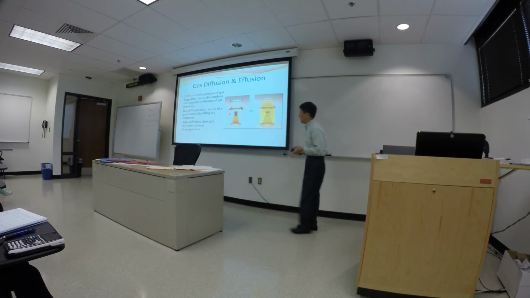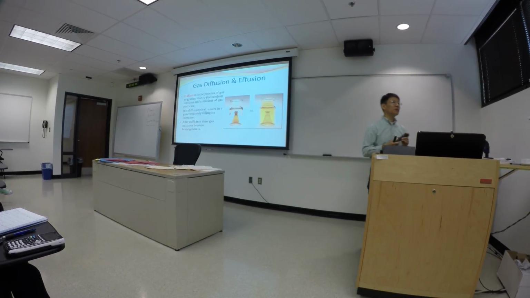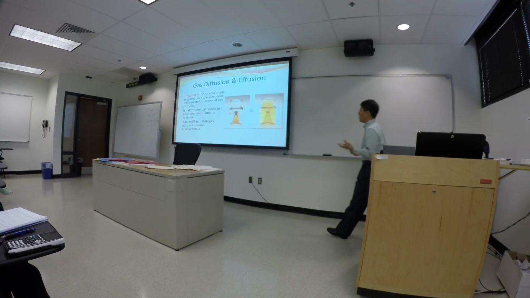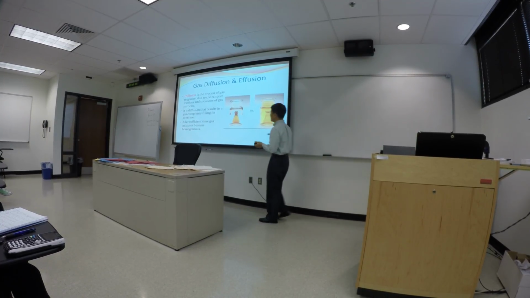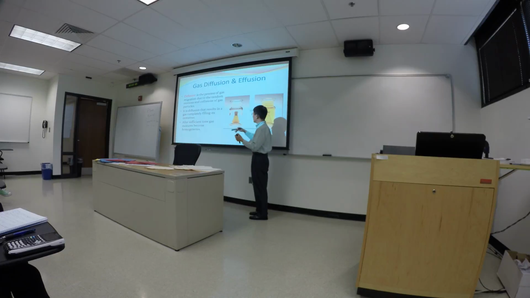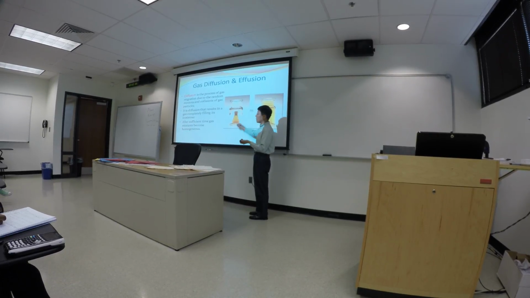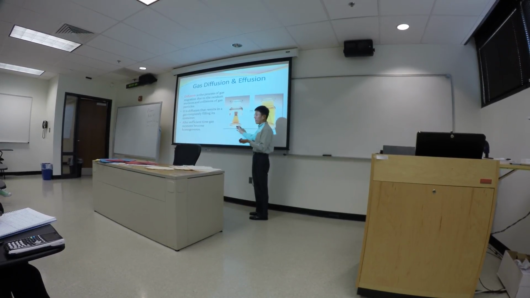Okay, so let's look at the diffusion and effusion process. This is an example, an experiment that you can do about diffusion. If you have a small container with some iodine gas or bromine gas trapped inside the flask there, you put that smaller container into a larger container.